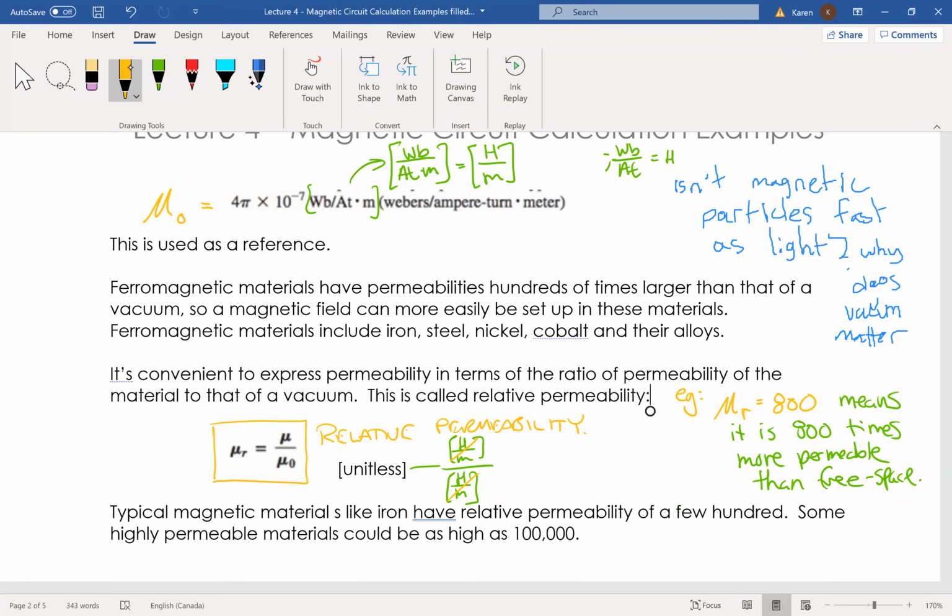And the definition of permeability is based on how much establishment of magnetism or magnetic flux happens in a vacuum. So this is just the standard that has been chosen, and our math is based around how many times more than the standard. So why does a vacuum matter?